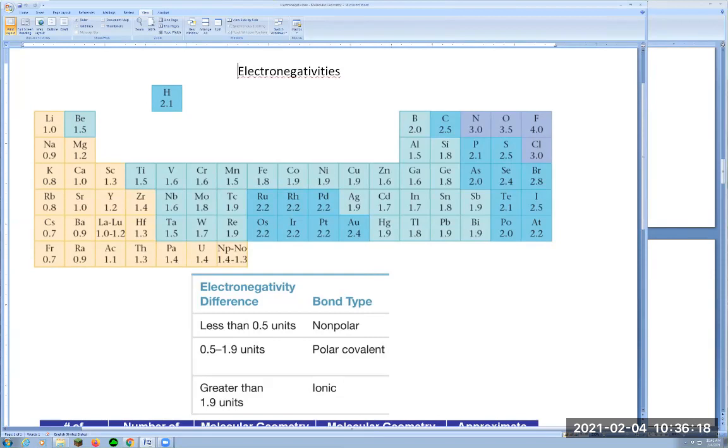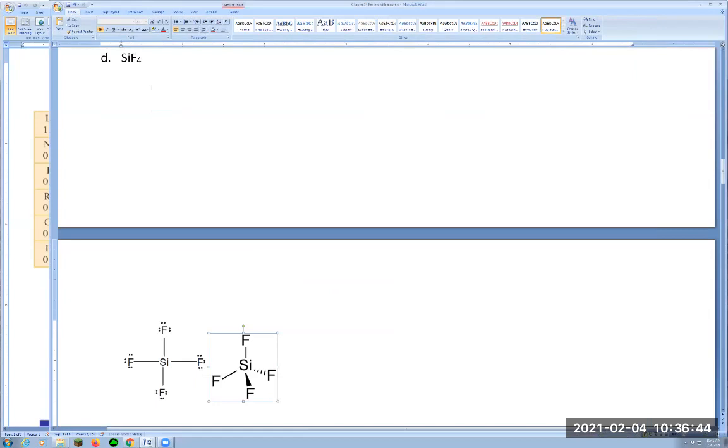And a difference of 2.2, according to the table here, it says that it's ionic. However, we know that silicon is a metalloid, fluorine is non-metal. So together they don't make an ionic compound. They make a covalent compound. So we'll say that it's polar, and it's strongly polar. Fluorine, being the most electronegative element of all, will always make very polar molecules typically.